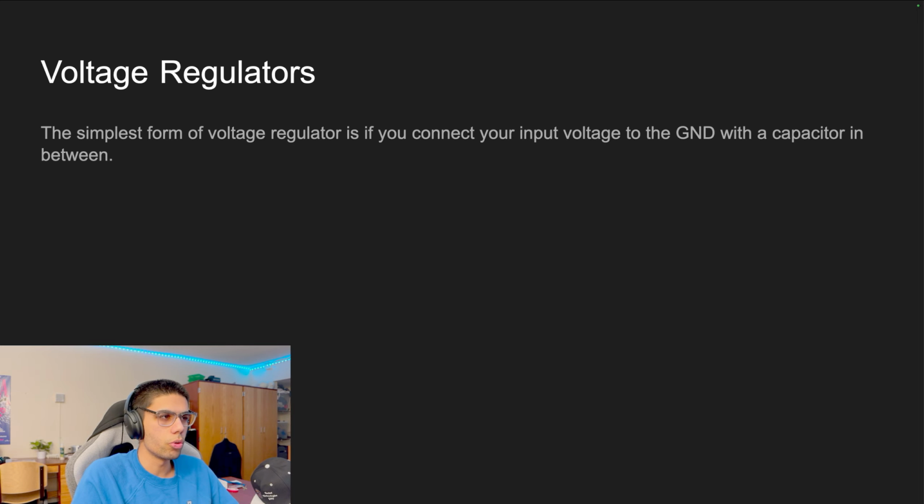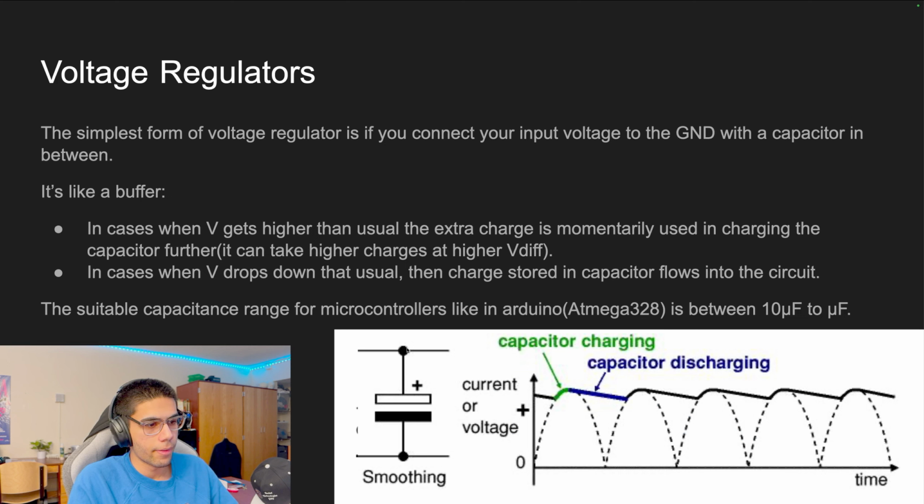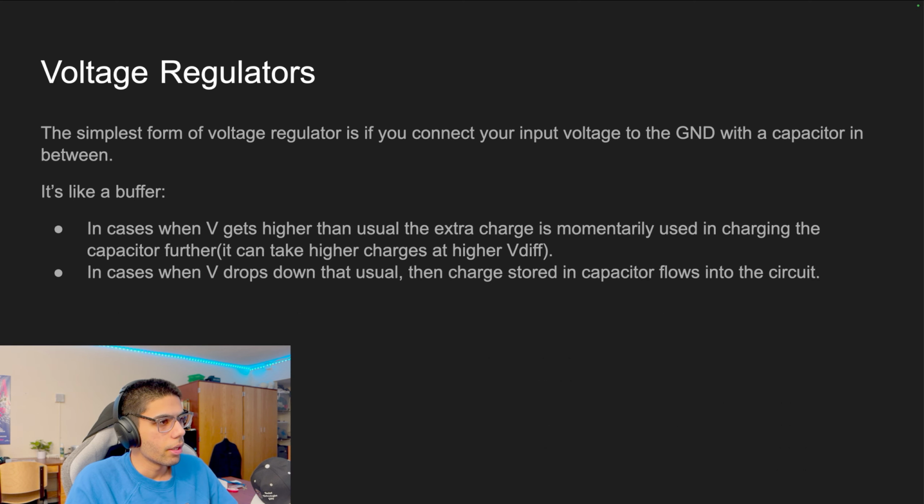The simplest form of voltage regulator is if you connect your input voltage to the ground with a capacitor in between, like this. This is your positive end, this is your negative end. You have a capacitor in between them, and the rest of your circuit connects after this. What's going to happen is, when the voltage fluctuates higher than usual, the charge stored in the capacitor is going to increase, because if the voltage increases, your capacitor has the chance to store extra charges.